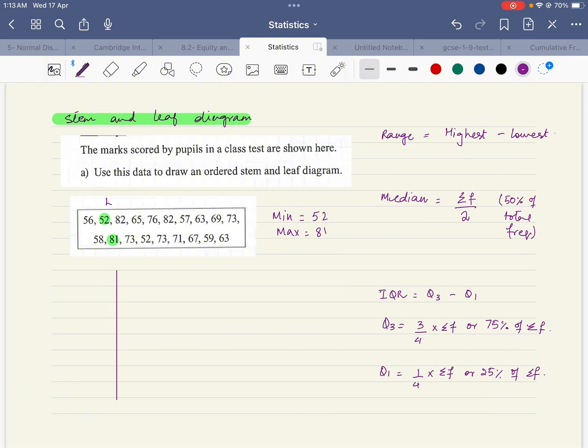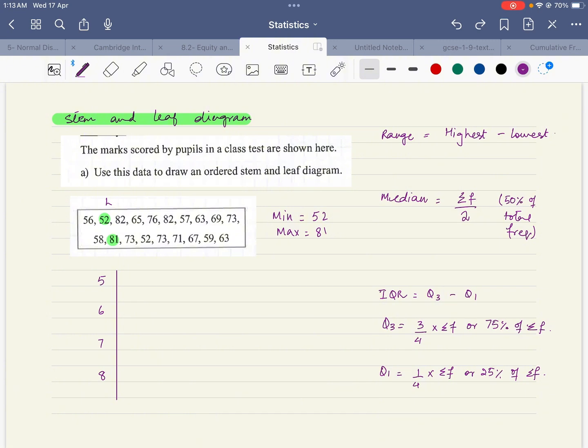How do we draw a stem and leaf diagram? The tens digit will come here, 5, 6, 7, 8, and the units digits will come on the right hand side when we are drawing a single stem and leaf diagram. There will be a combined stem and leaf diagram as well.